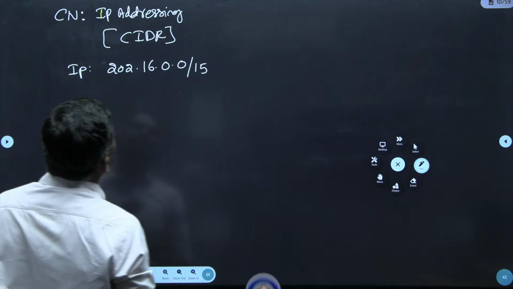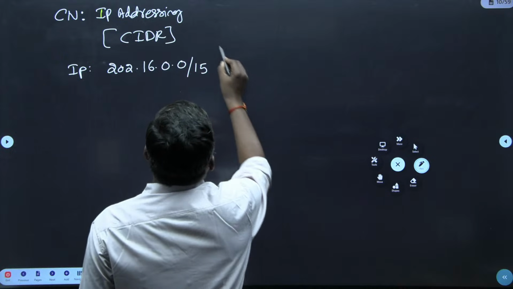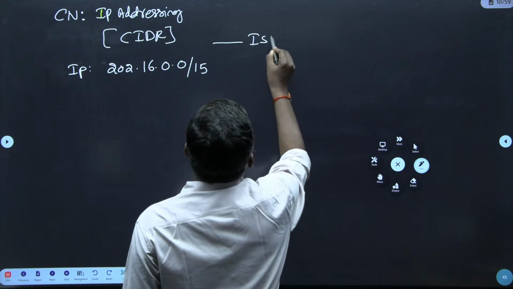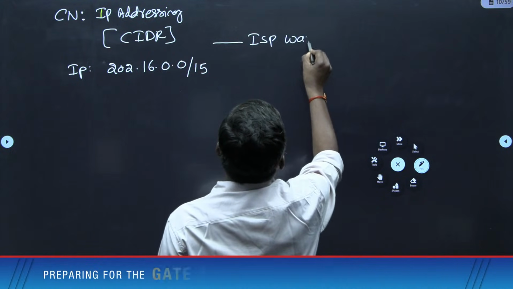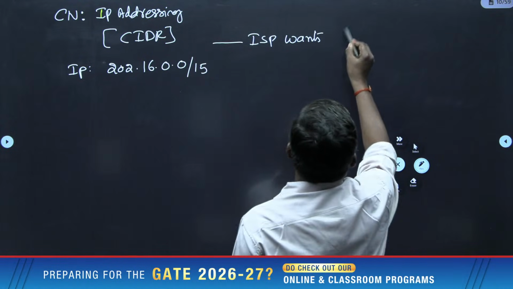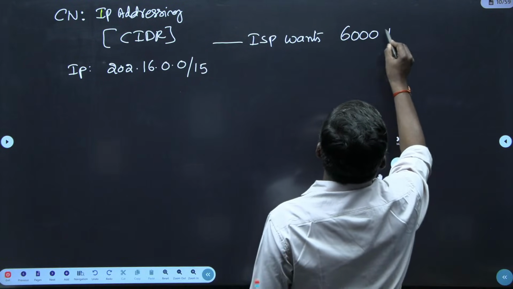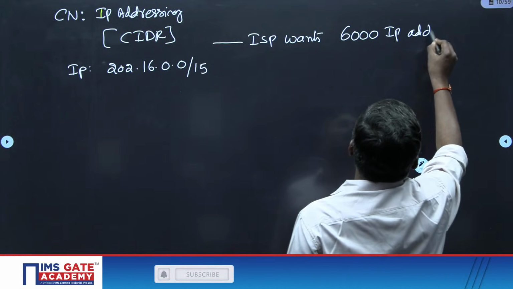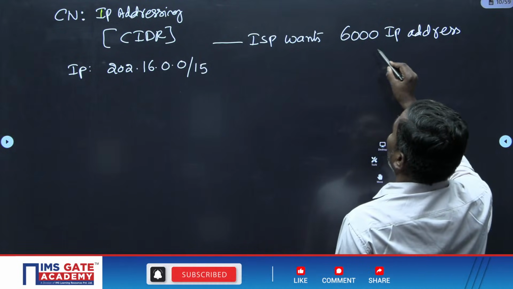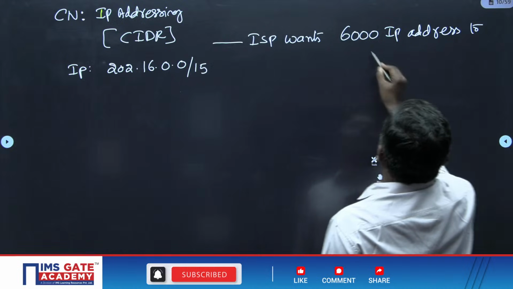Now the ISP wants to assign 6,000 IP addresses to the organization.